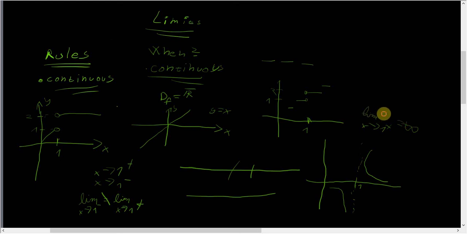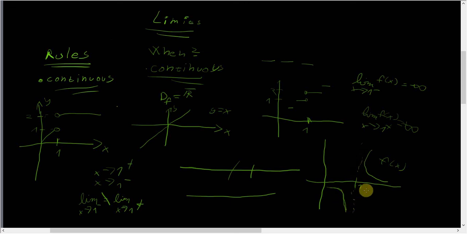So the limit of our function f of x, let's call this function f of x. And if we approach it from the left hand side, the limit of our function is going into minus infinity. So we have two completely different values, and therefore our function is not continuous.